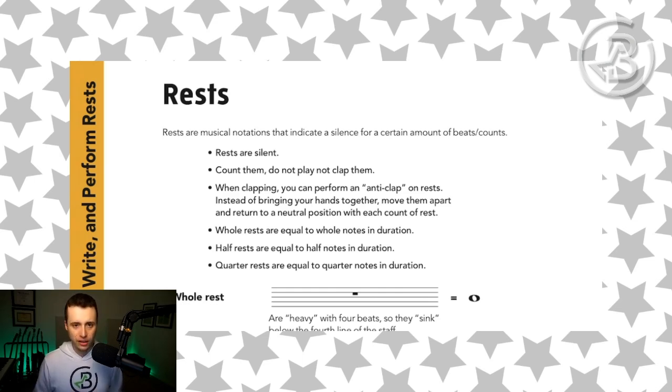Rests are silent. You're not going to clap them or play them or perform them. You'll just count in your head or aloud when they happen and watch them go by. When you are clapping and there's rests, I actually like to do an anti-clap. So whenever there's a rest, let's say there's a quarter note, clap, quarter rest, anti-clap. That way you keep some sort of movement going and you can acknowledge the rest a little bit better.